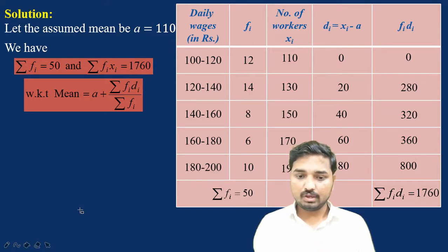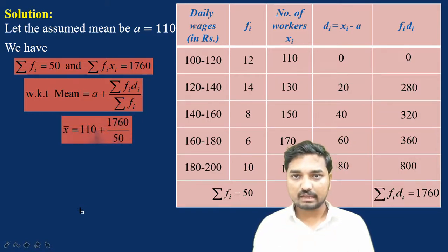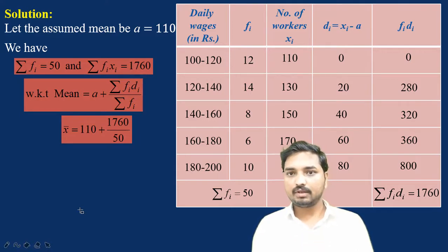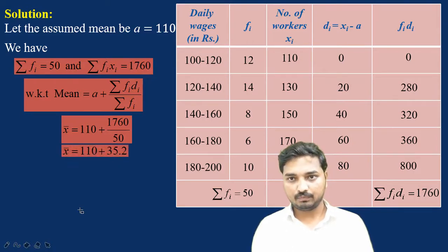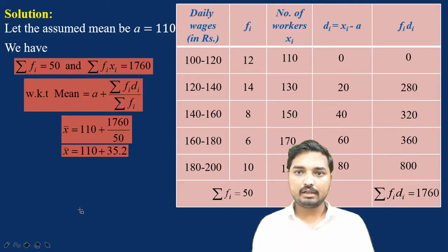Now you need to substitute. A is the assumed mean, 110, summation fi di is equal to 1760 and summation fi is equal to 50. First you need to divide 1760 by 50. You will get 35.2. Then you add that to 110 and get 145.2.